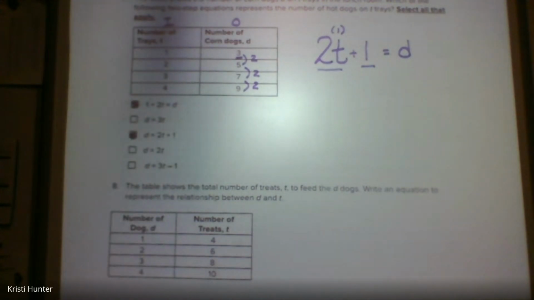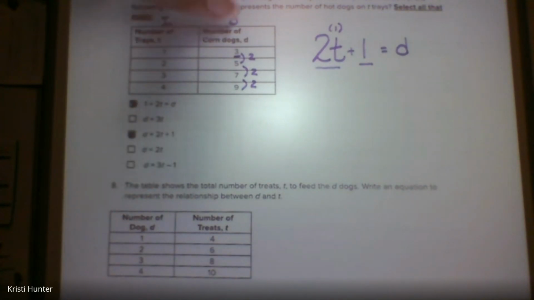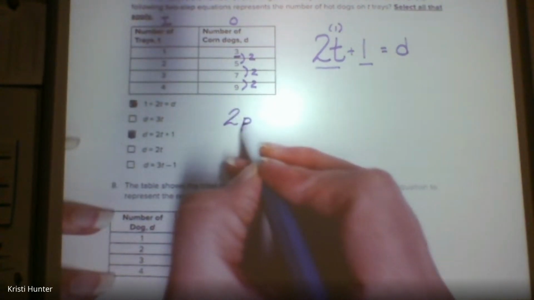That goes back to a couple modules ago when we talked about combining like terms. I can't combine those because they're not the same. And I can't just leave it as 2t because that would only get me 2 in the output, and I needed a 3. So this is going to be a 2-point question.